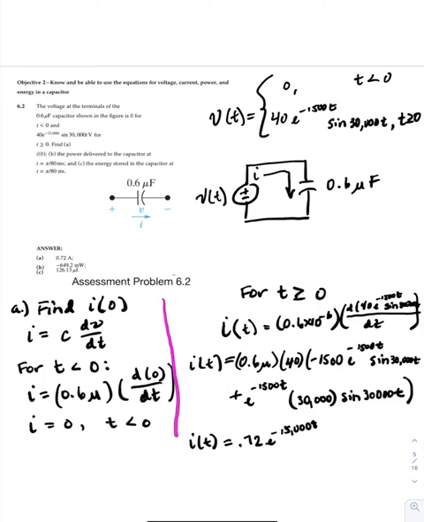Oops, the derivative of sine is cosine. Okay. I'm going to move things around here. So i of t equals e to the minus 1500 t times (0.72 cosine 30,000 t minus 0.36 sine 30,000 t).